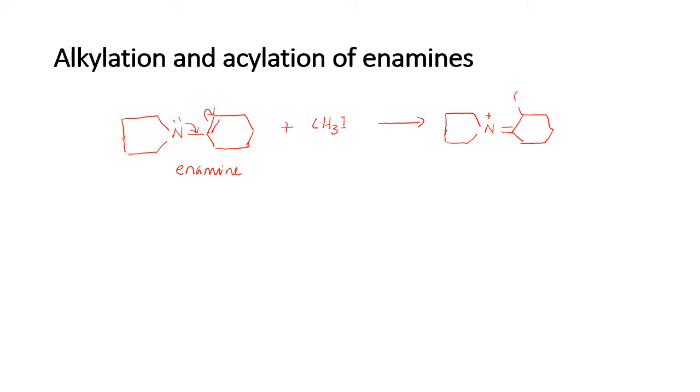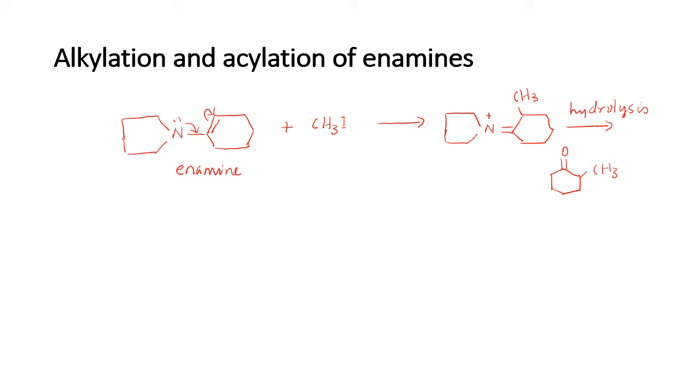So the methyl group gets attached at this position. And when this intermediate is subjected to hydrolysis, the product formed is an alkyl substituted ketone.